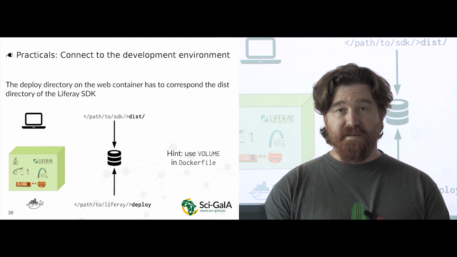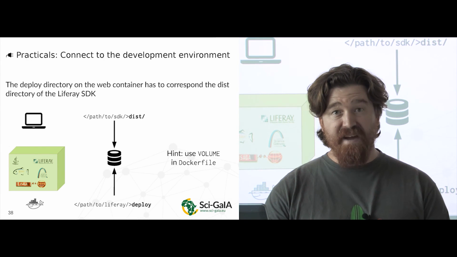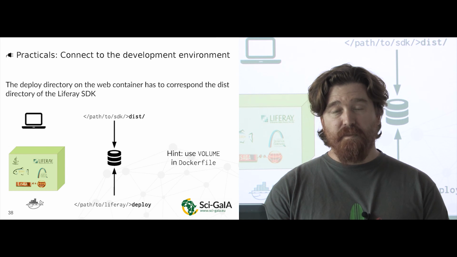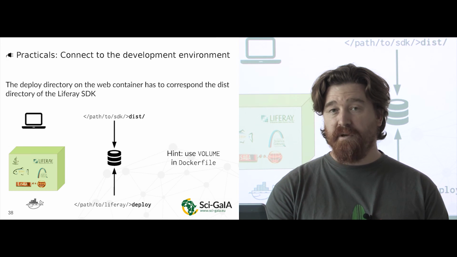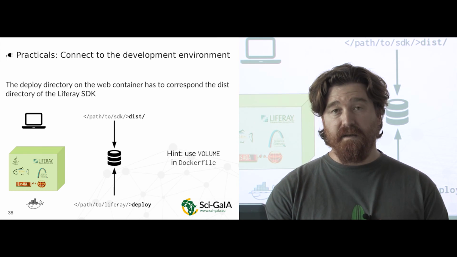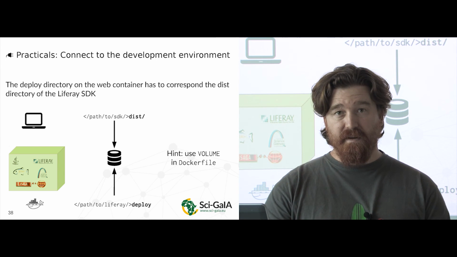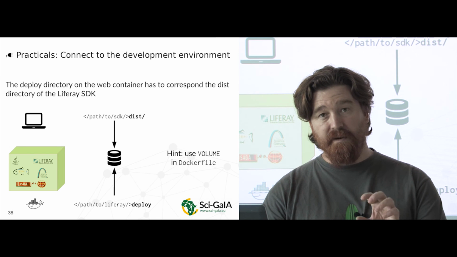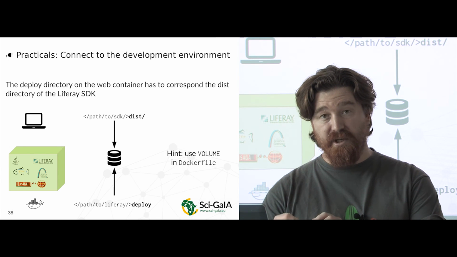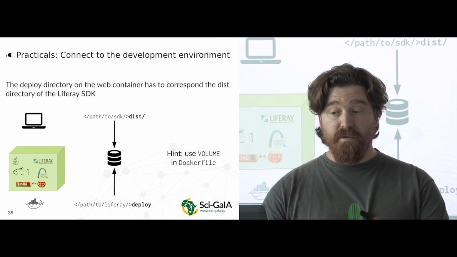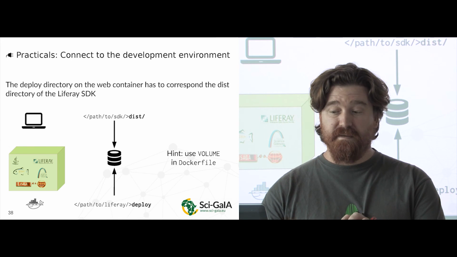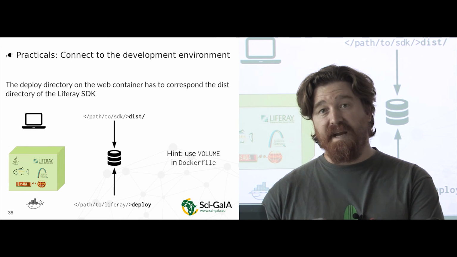So that means that, again, we're being explicitly vague about how to do this. But in the Docker file, when you start the container containing the development environment, you need to mount the directory that sits under the path to your SDK/dist to the path to liferay/deploy on the container.